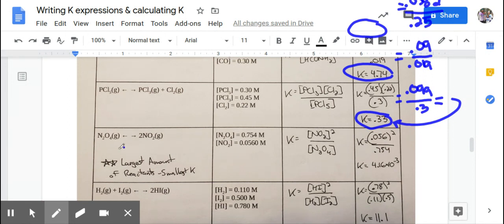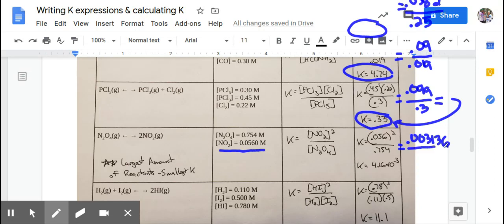We'll look at row 4, N2O4 in equilibrium with 2NO2. The K expression is NO2 squared over N2O4 to the first power. Plugging these numbers into the K expression, NO2 is 0.056. 0.056 squared is 0.003136. Now notice I'm not rounding. This is exactly what the calculator gave me.